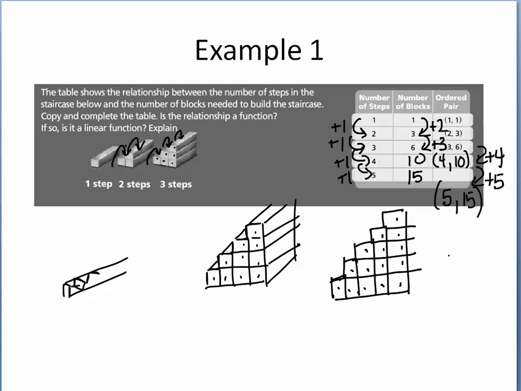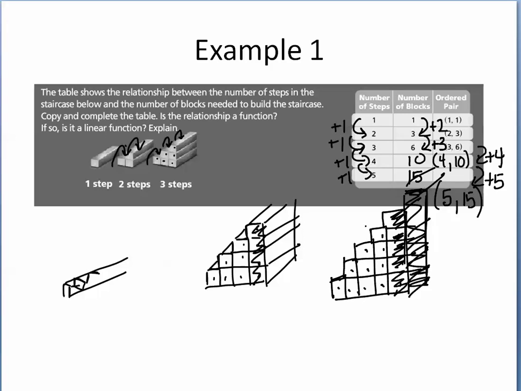Okay, so this is not linear though. It's not going up 1 each time. And it has to do with the fact that as we add the 5th step, we had to add this whole row of blocks here. Right? With the 4th, we had to add 4. So each time we're adding a whole row. So if I do 6 steps, I'm going to have to add 6 more.